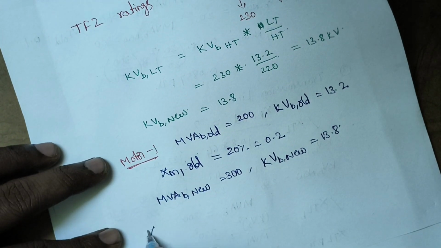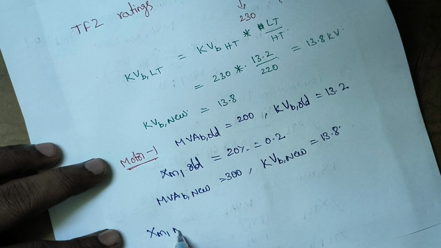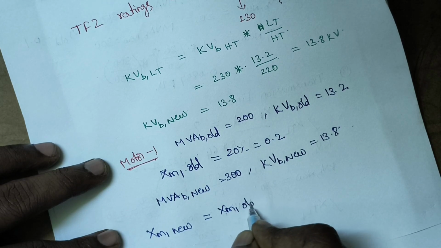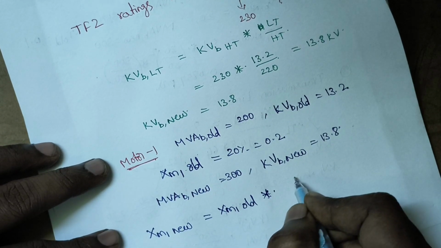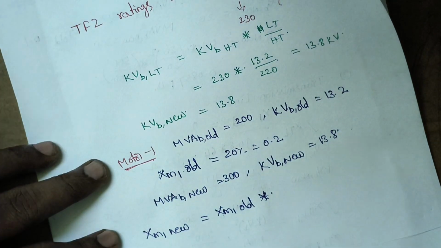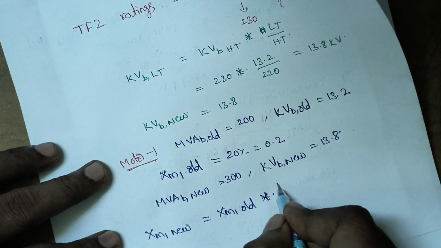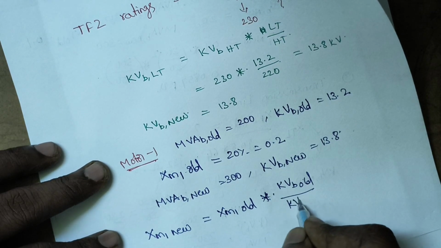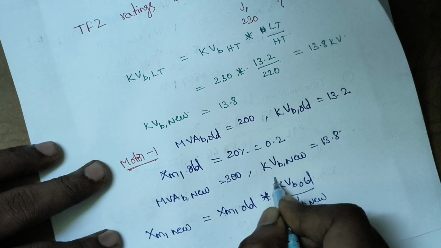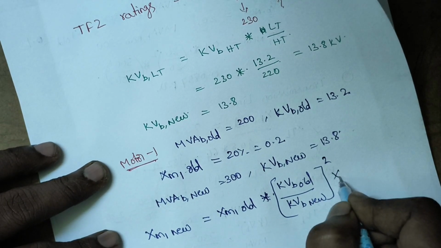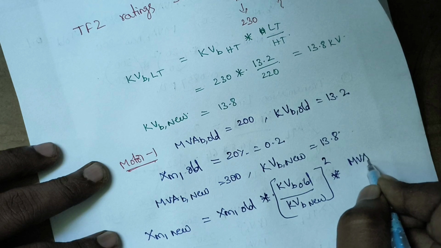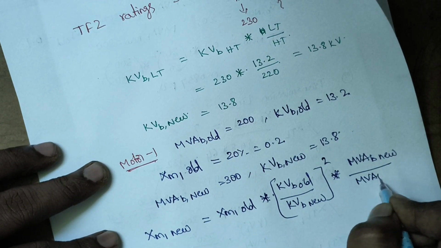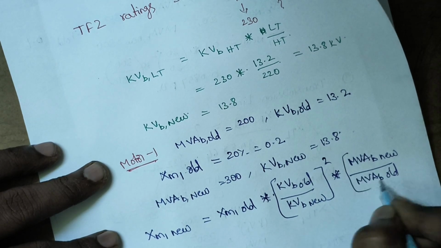So finally, I can find XM1 new is equal to XM1 old multiplied by KVB old by KVB new whole square, multiplied by MVAB new by MVAB old, like this.